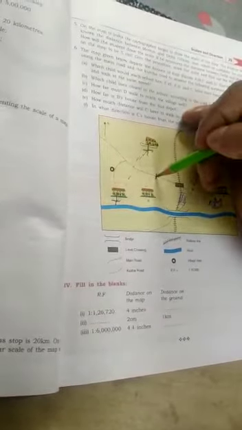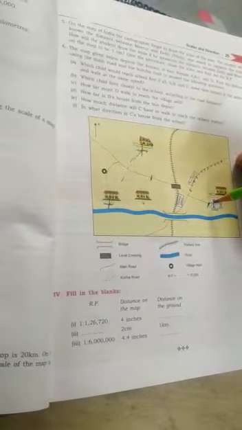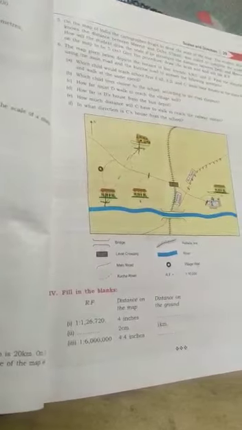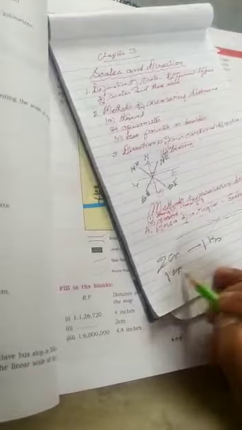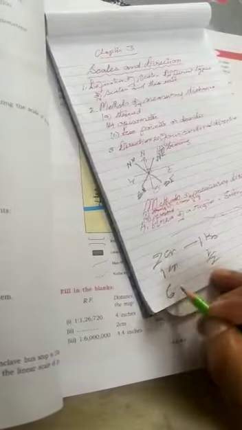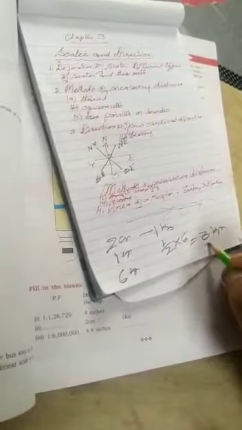So straight with the help of a scale we have to measure these 2 distances. If the map distance you are getting is 6 centimeter, according to scale we can convert it. In the verbal scale, if it is given like 2 centimeter is equal to 1 kilometer, so 1 centimeter is equal to 1 by 2, so 6 centimeter is equal to 6 by 2, that is 3 kilometer. This is the ground distance, and this is called air distance or crow fly distance.